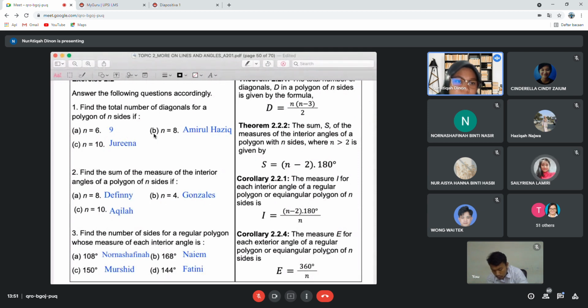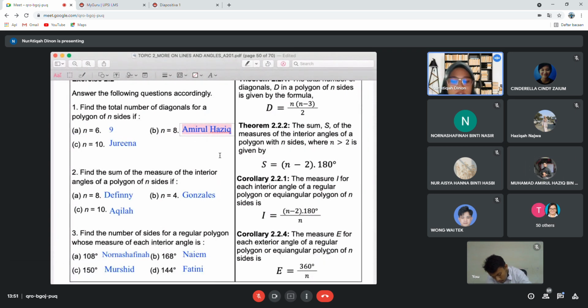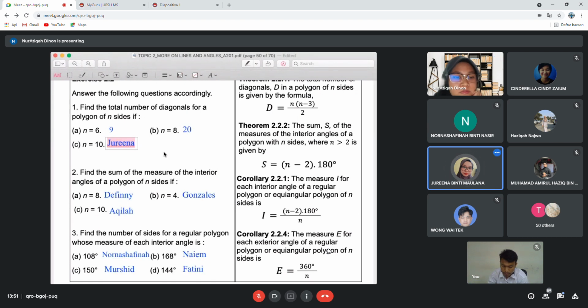For B, for a polygon of 8 sides, Amirul Haziq, share your answer, please. My answer is 20. Good. Last for question 1, Jurina. My answer is 35. 35.